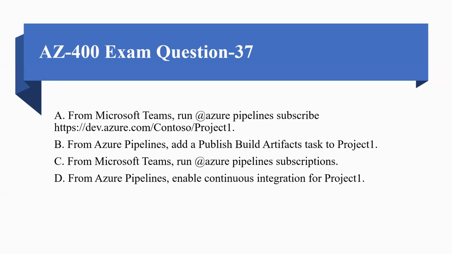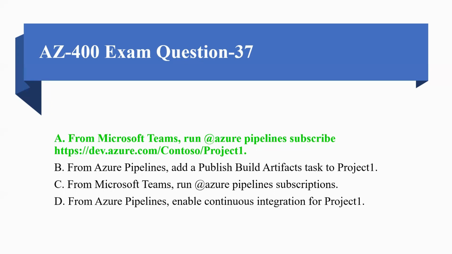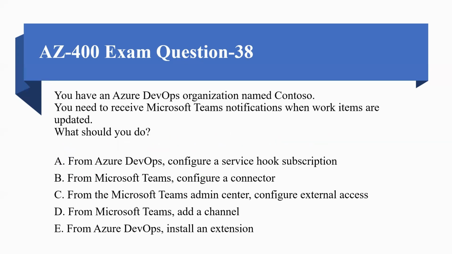Option B, from Azure Pipelines, add a publish build artifact task to Project1. Option C, from Microsoft Teams, run @Azure Pipelines subscriptions. Option D, from Azure Pipelines, enable continuous integration for Project1. And the correct option would be option A, from Microsoft Teams, run @Azure Pipelines subscribe https://dev.azure.com/contoso/project1.